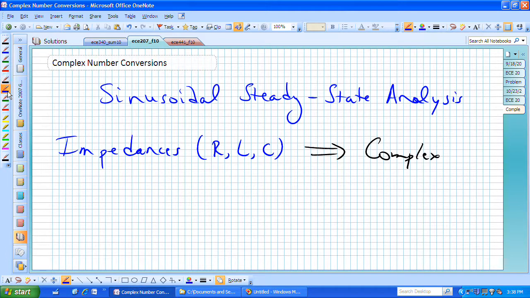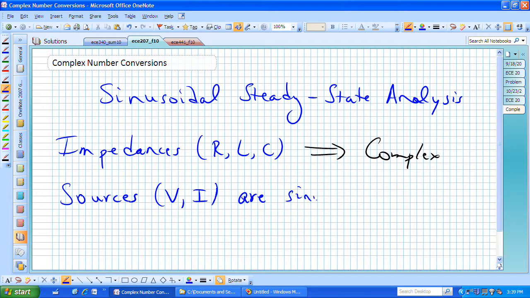We also, in our sinusoidal steady-state analysis, go from the time domain into the frequency domain, and we now are wanting to do algebra instead of solving differential equations. Because of that, when we have sources, which might be voltage or current, those are sinusoids because we are in the sinusoidal steady state.